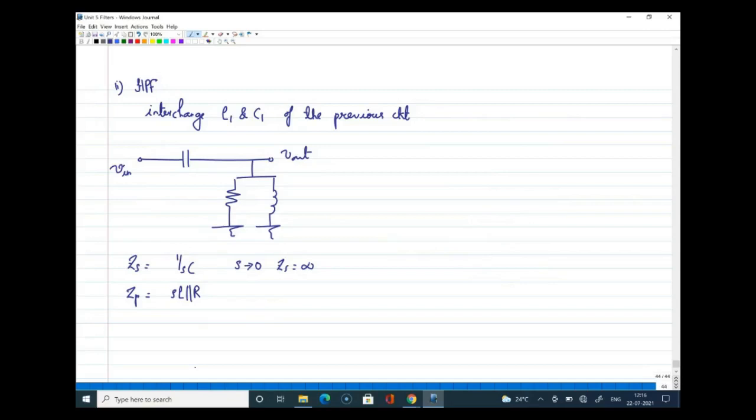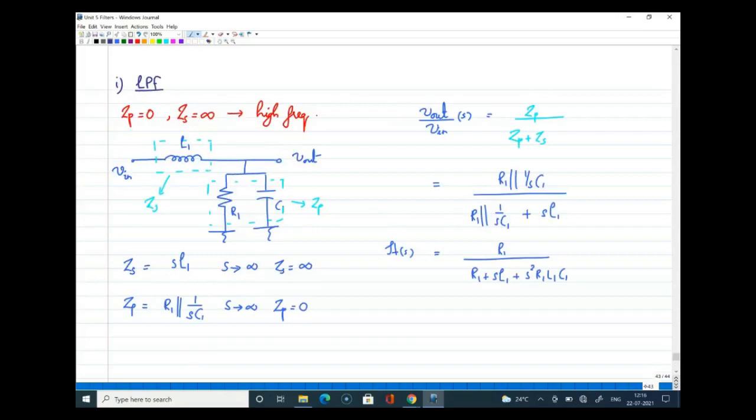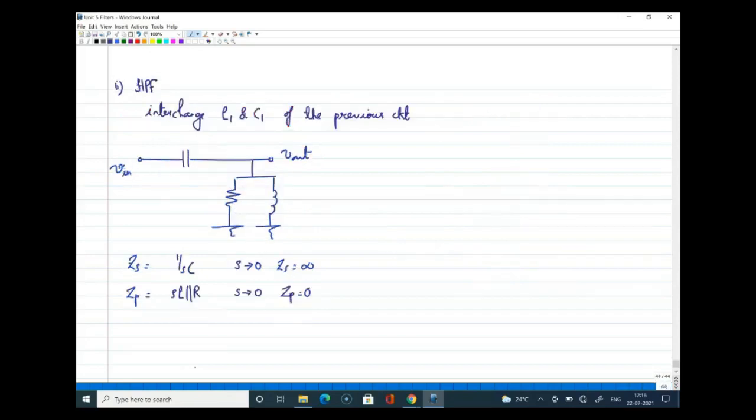And when S is equal to 0, your Zp is equal to 0. So the condition remains the same: Zp equal to 0 and Zs equal to infinity, but that should happen at low frequency. Is that happening? Yes, it will happen.